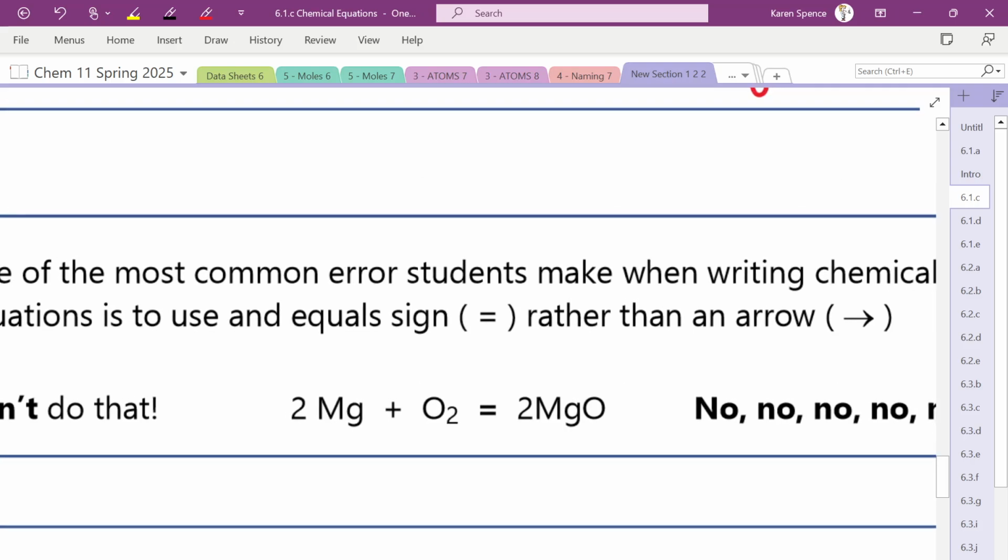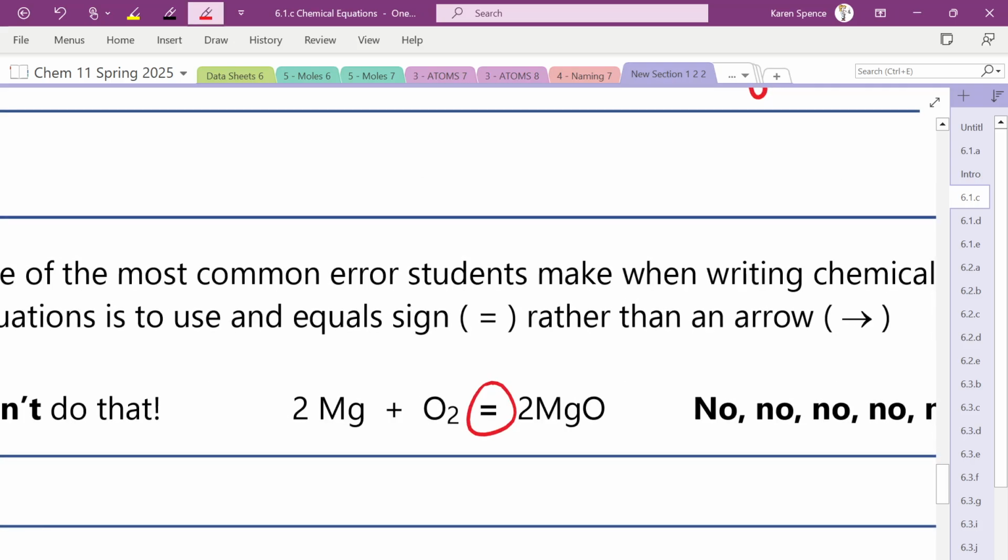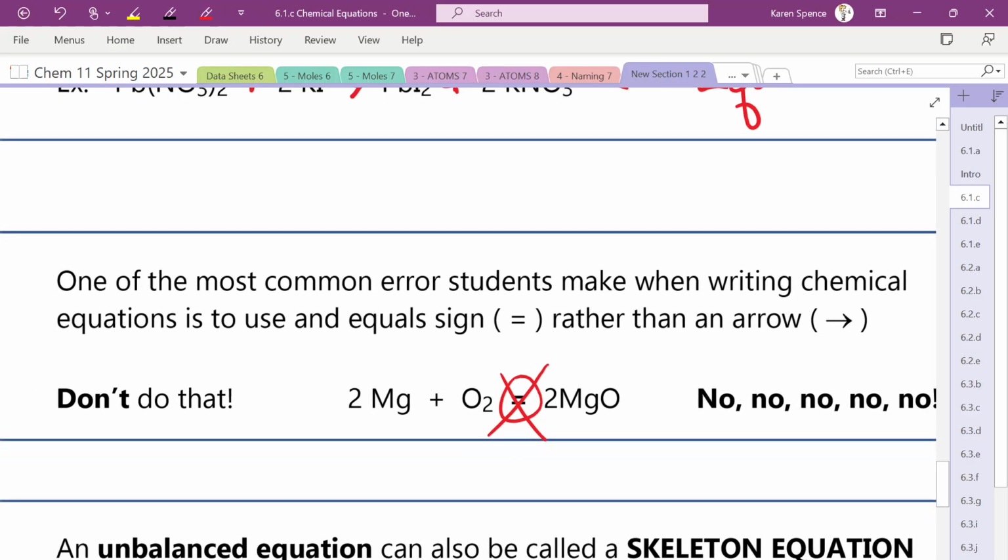Oh, look, do not use an equal sign. It's so easy to do. I know it's just like using the word equation wrong, because in math, it's all equals all the time. Even when we're doing moles, it's all equals all the time, right? No, in a reaction, it has to be an arrow, okay?